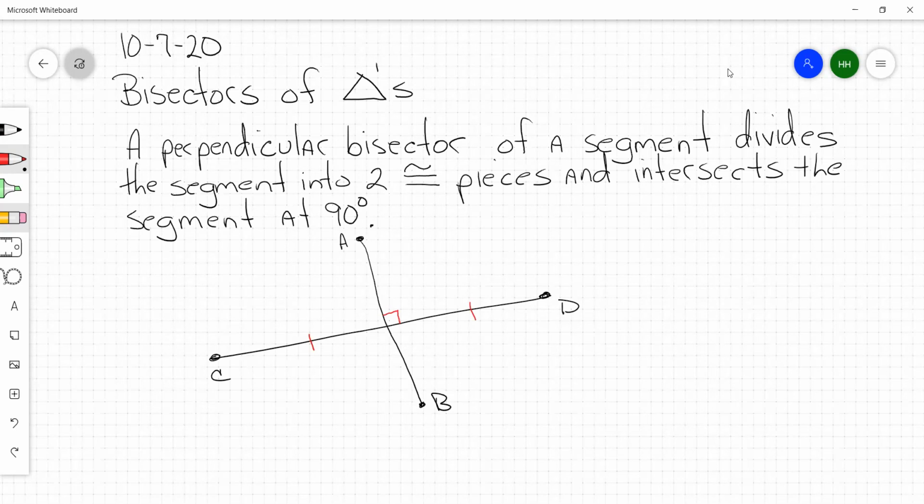And the perpendicular bisector can be of a segment or it can be of a side of a triangle.